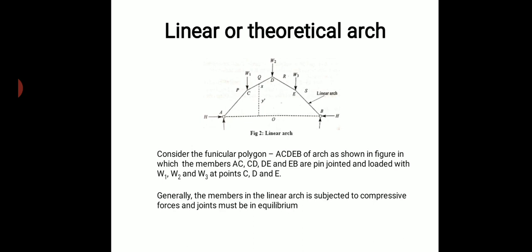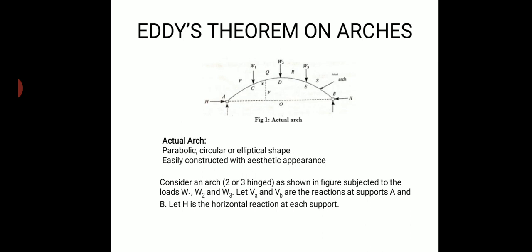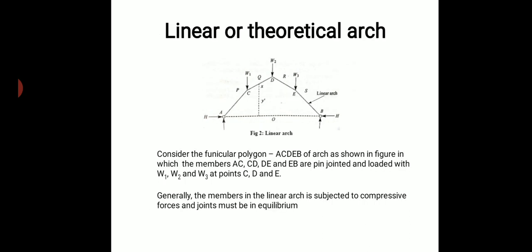As in the case of the actual arch here, this was the arch shape before the application of the load. After the load is applied, due to the effect of the magnitude of the load, the shape of the arch would be like this.